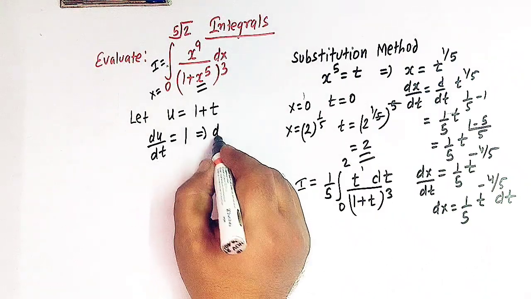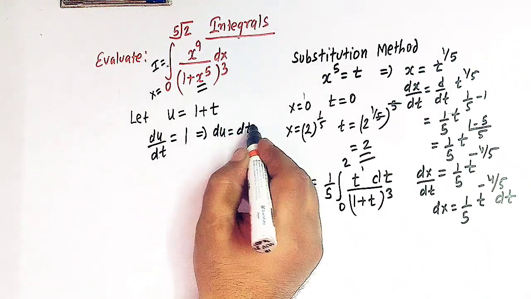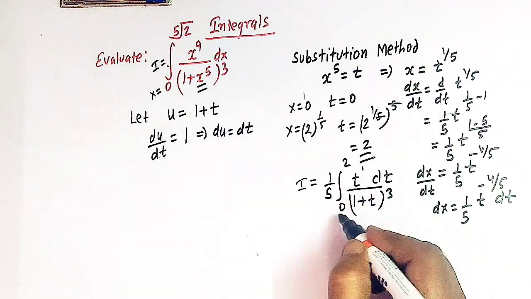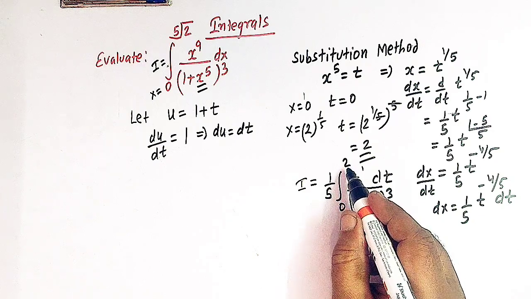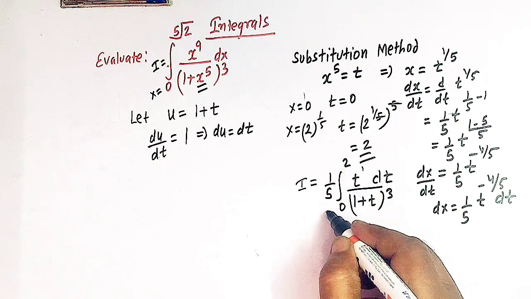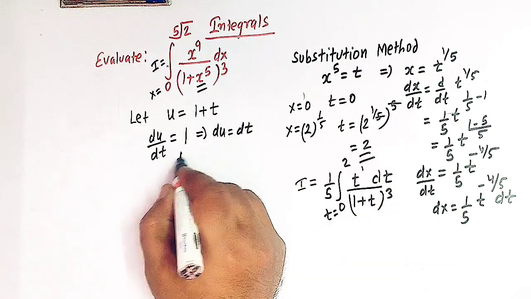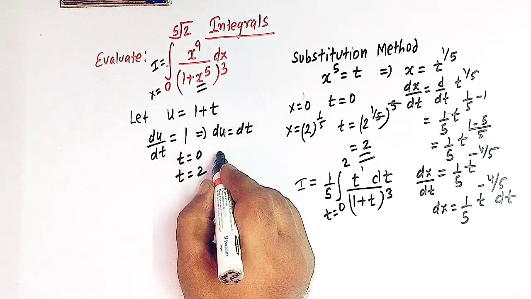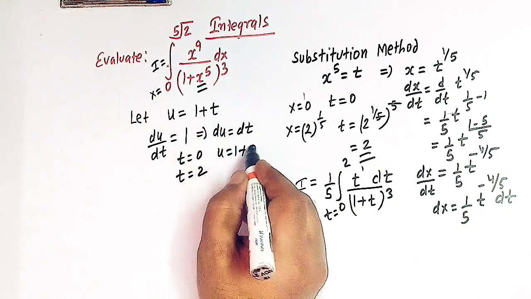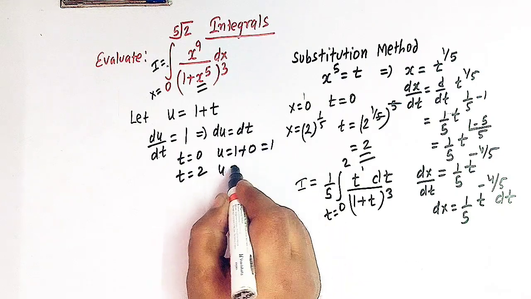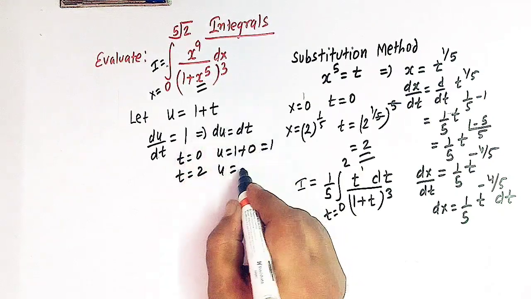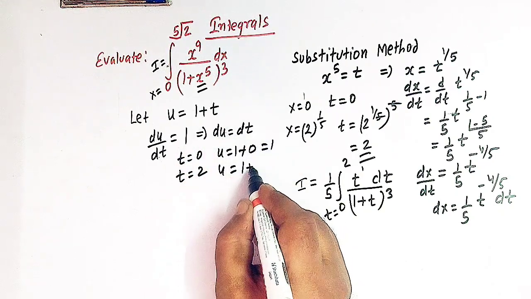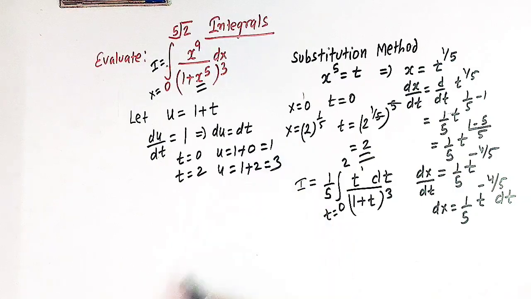So from here we have du is equal to dt. And the limits of integration can be changed accordingly. Here t goes from 0 to 2. So when t is 0, the value of u is 1 plus 0, that is 1, and when t is 2, we have u equal to 1 plus 2, that is 3.